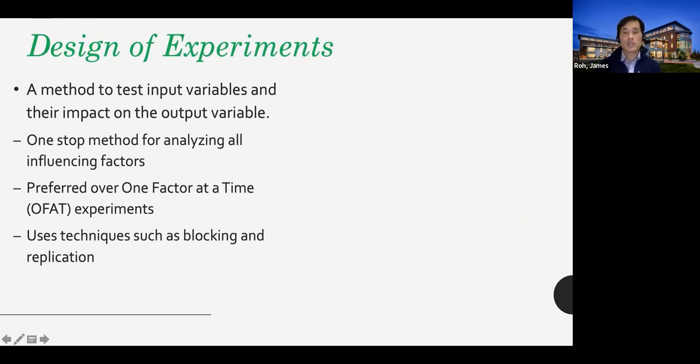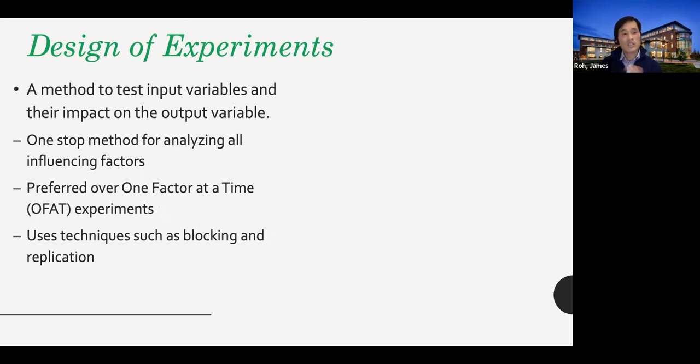Design of experiments is a method to test input variables and their impact on output variables. It's a very easy way of improving the process itself, and seeing the pros and cons of each method that you are trying to implement.